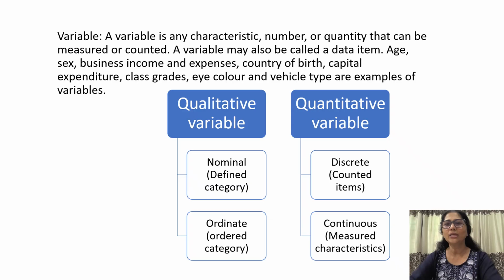The other one is the quantitative variable, which shows number or quantity. It can be of two types, discrete or continuous. Discrete is a counted item, like an integral number.